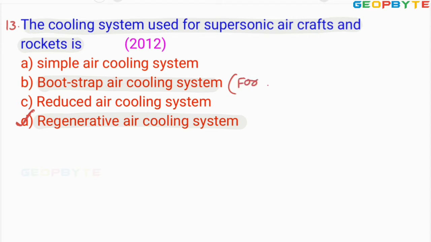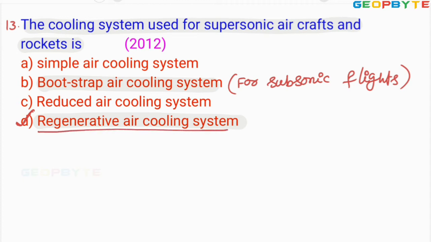Subsonic flights means the flights which are flying with a speed less than sound velocity. But for rockets, generally we are preferring the regenerative air cooling system.